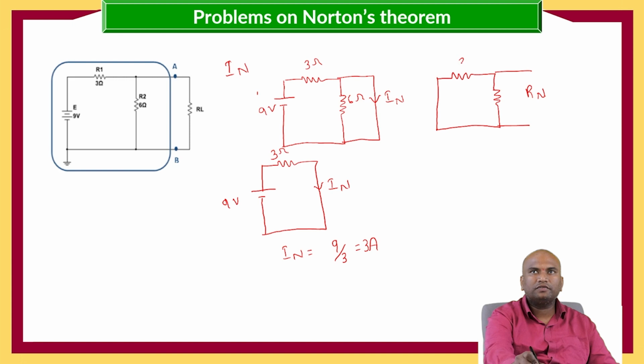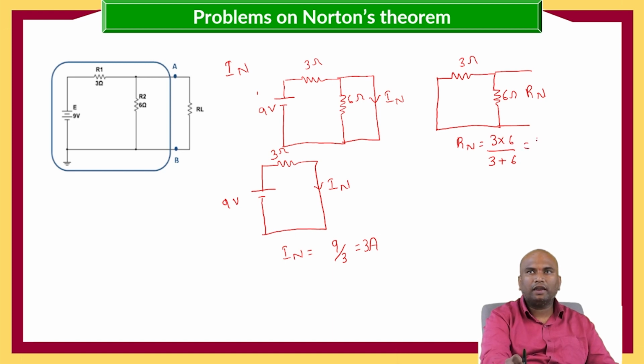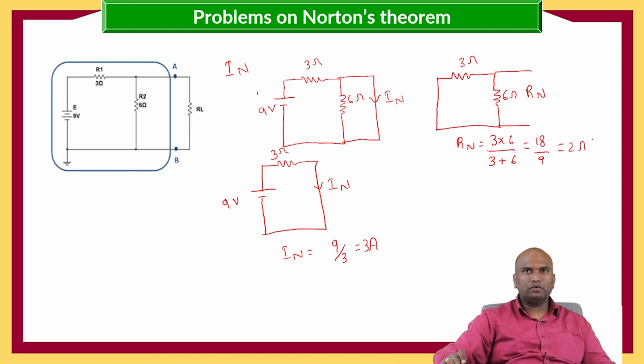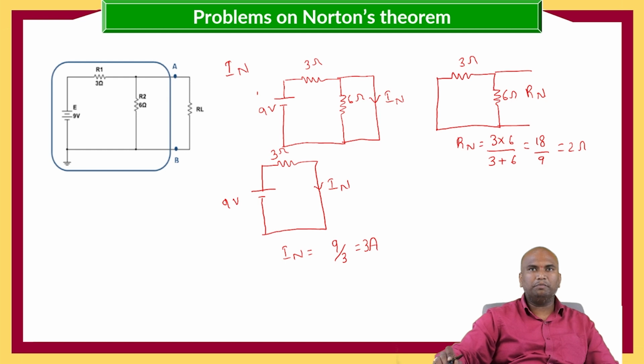Here it is 3 ohms and 6 ohms. So Rn is equals to 3 into 6 by 3 plus 6, that is equals to 18 by 9, which is equals to 2 ohms. So the Rn value is 2 ohms and IN value is 3 amperes.